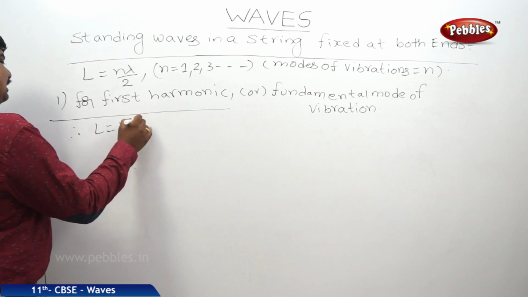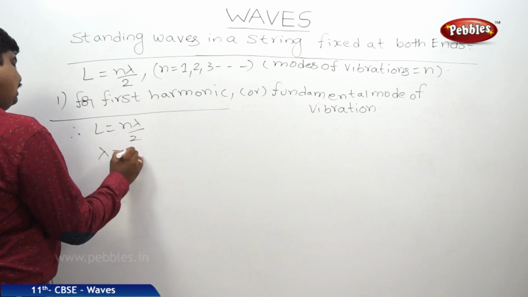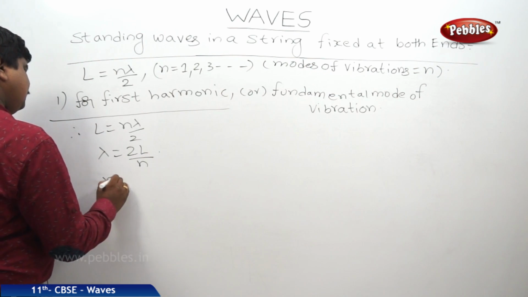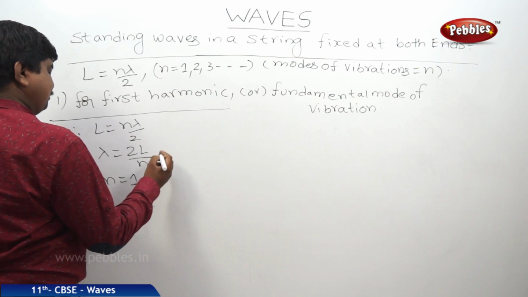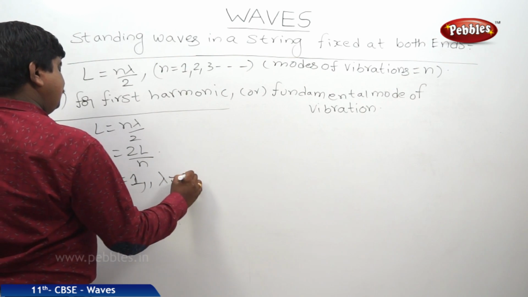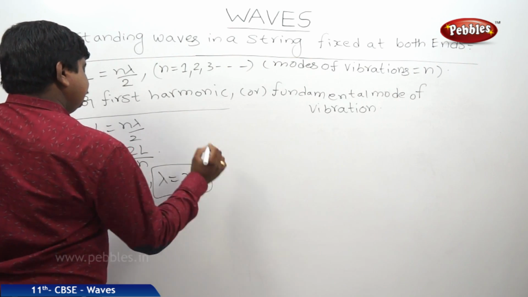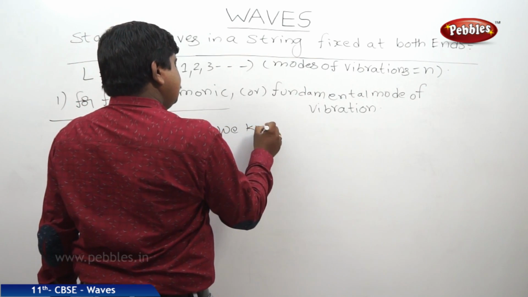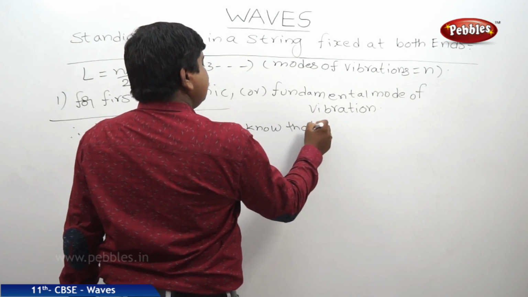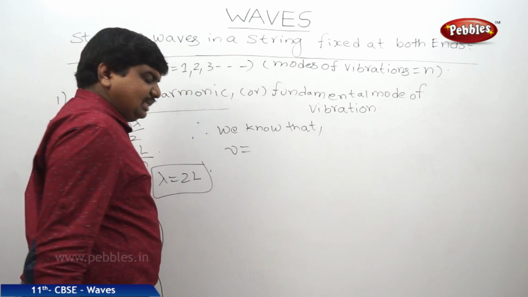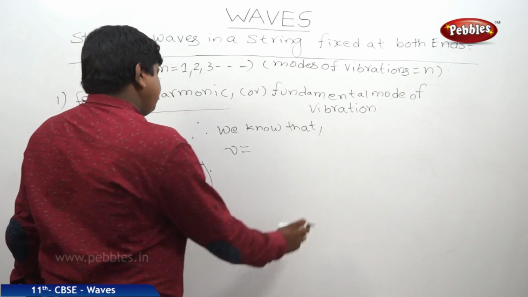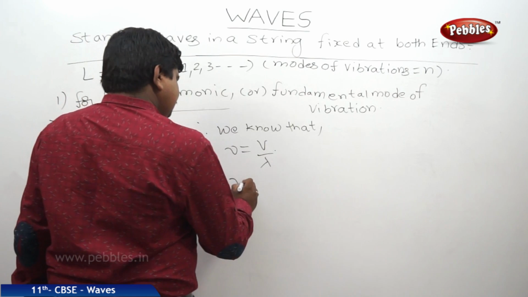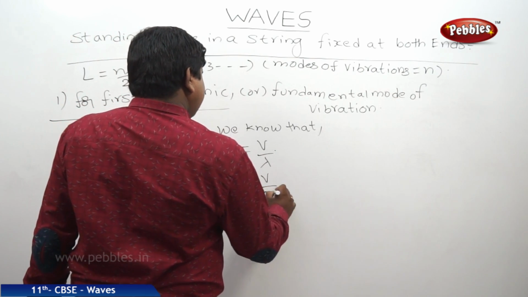Therefore, L is equal to N lambda by 2, lambda is equal to 2L by N, where N is equal to 1 for the fundamental mode. Therefore, lambda is equal to 2L. We know that frequency nu is equal to V by lambda. So therefore nu is equal to V by 2L.